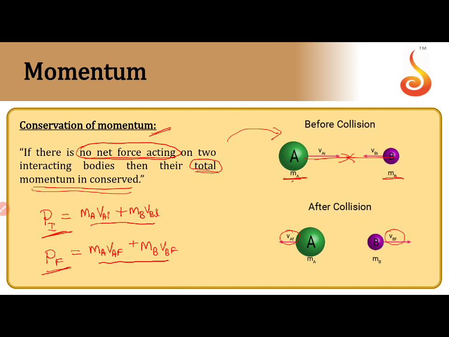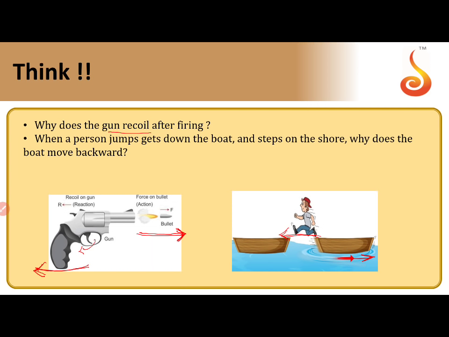That is, the total momentum before collision will be equal to the total momentum after collision. In the case of the gun, initially the gun was at rest, u1 equal to 0, the bullet was at rest, u2 was equal to 0, so the total initial momentum was equal to 0.